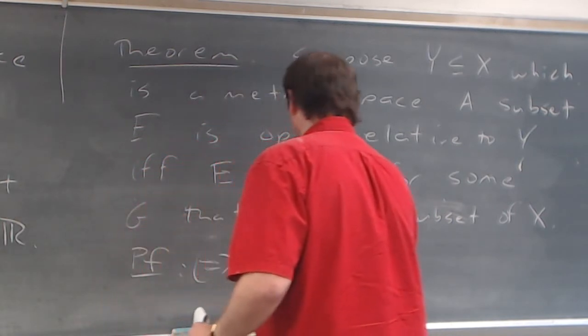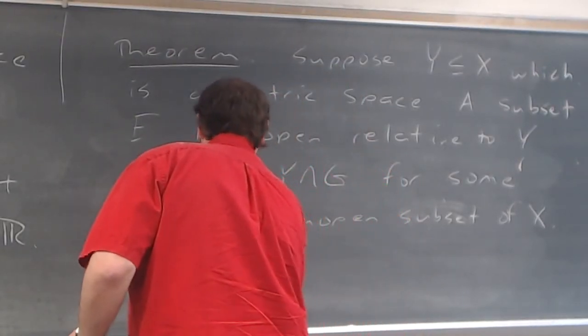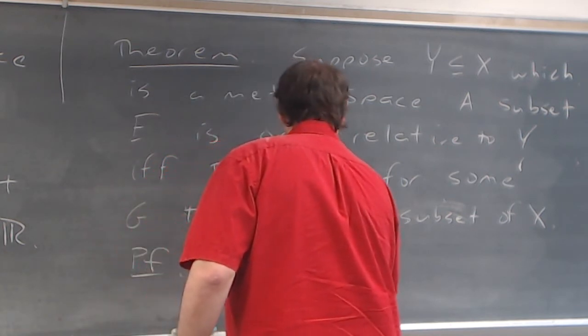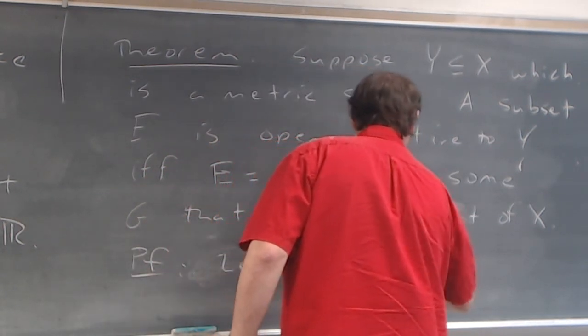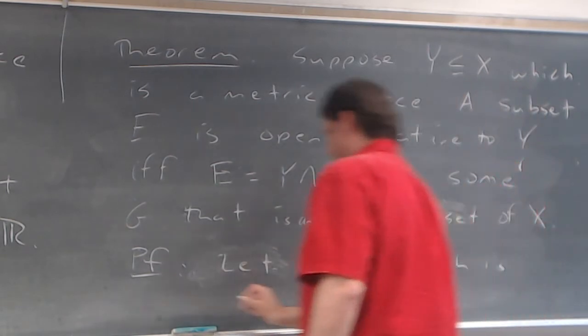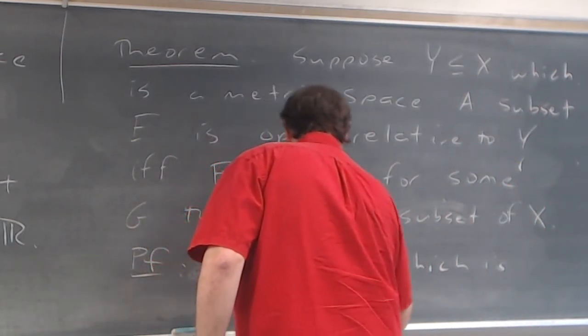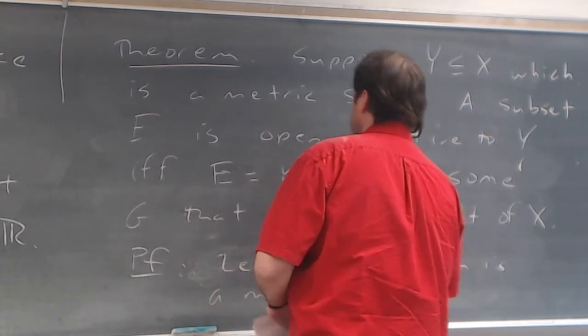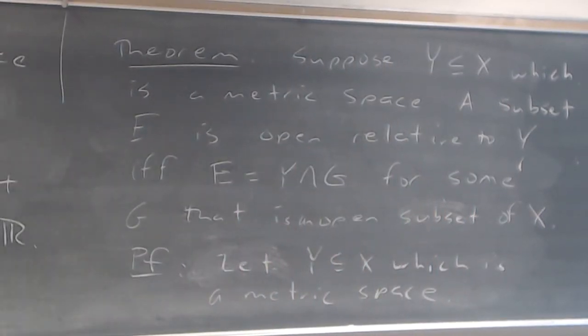First of all, even before any directions, let Y be a subset of X, which is a metric space. We're also going to let E be a subset of Y.